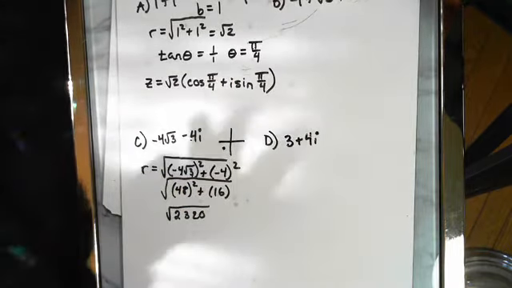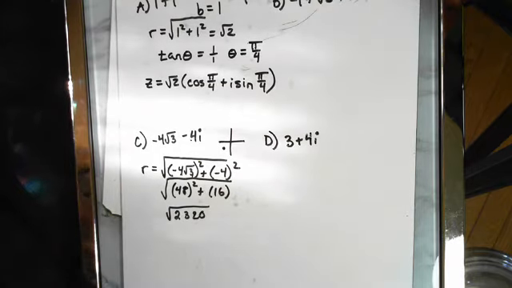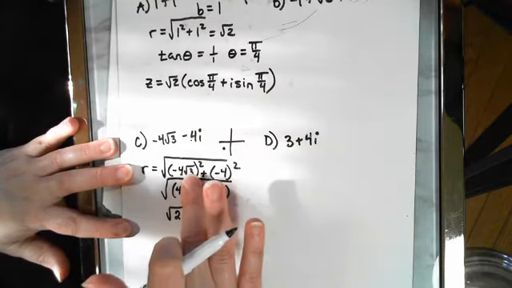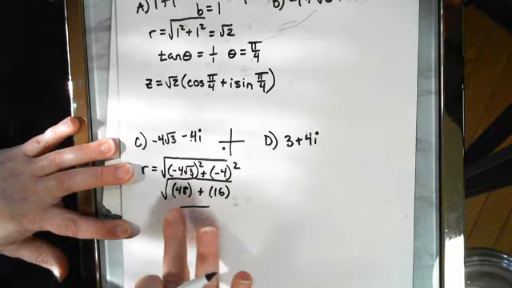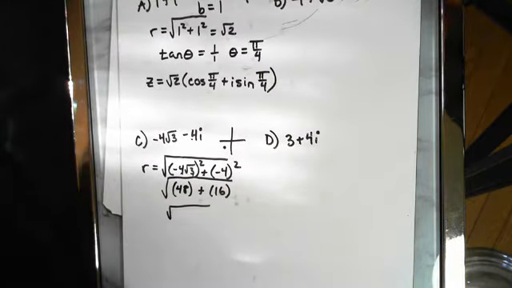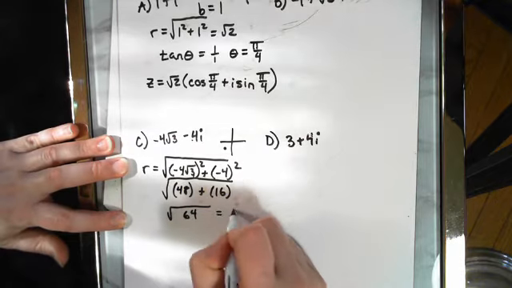I believe that that can be simplified. Oh, silly me. I already squared. I don't need the square on that. It's a good thing I checked my notes. So 48 plus 16 is 64. And the square root of 64 is 8.